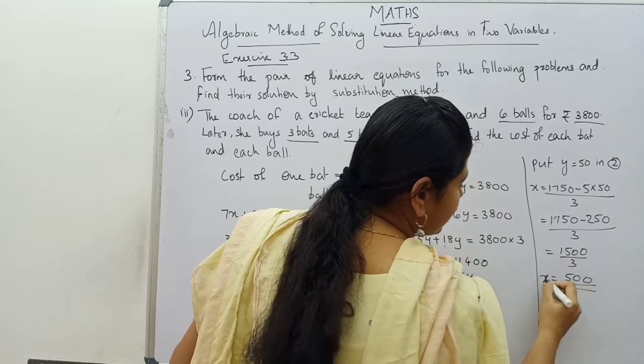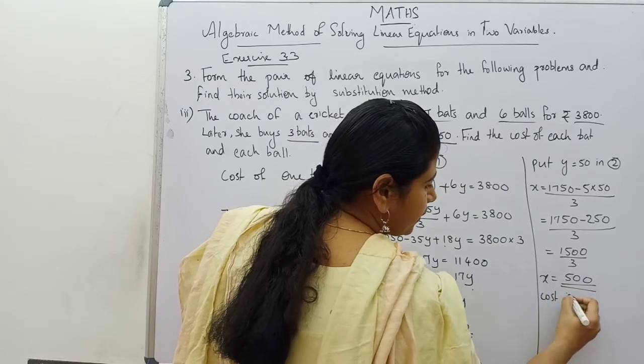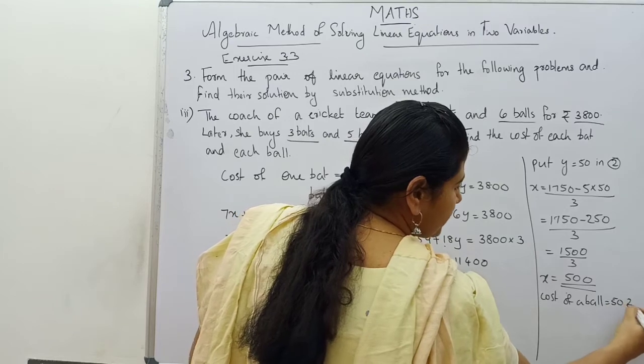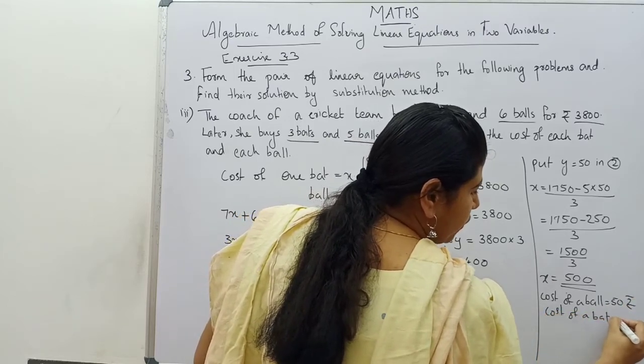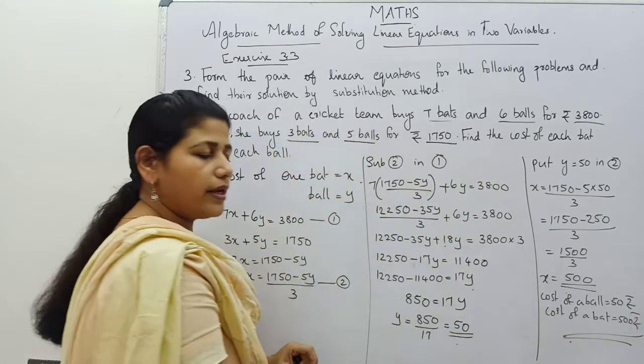So you got x as 500 and y as 50. That means cost of a ball is 50 rupees and cost of a bat is 500 rupees. So here is your answer.